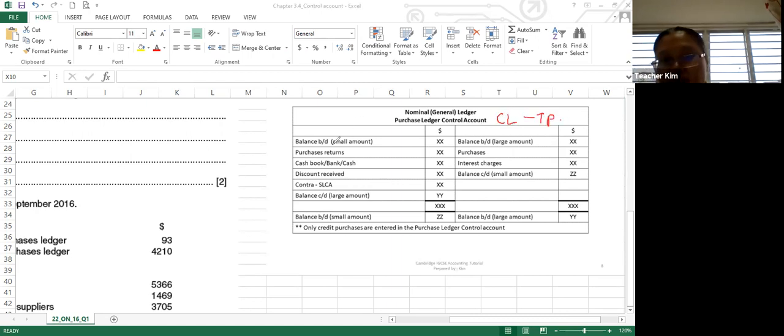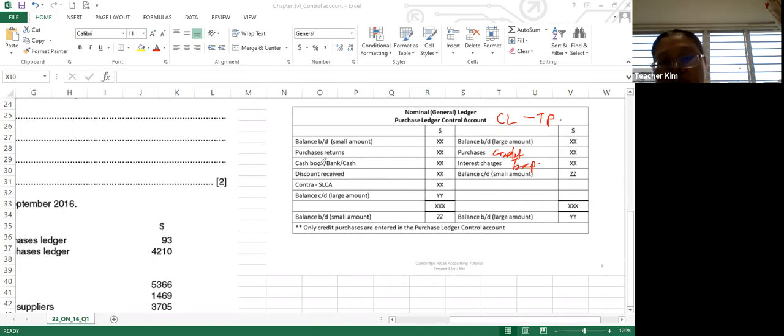If we have a small amount on the other side, it means we could have a new supplier and had to pay a down payment, a deposit. This refers to credit purchases, no cash purchases. If we pay the supplier late, interest charged is our expense. Purchases returns will be in here, debit side.